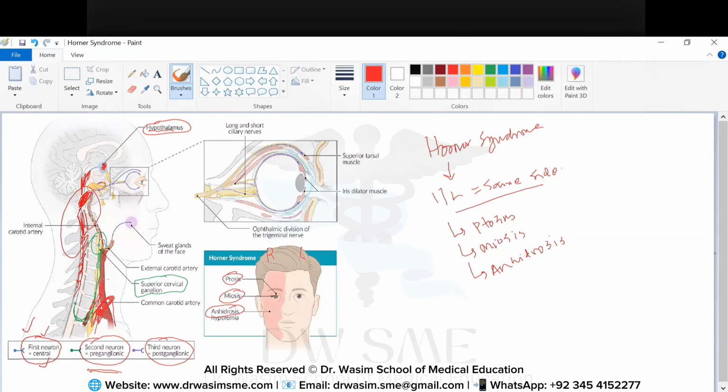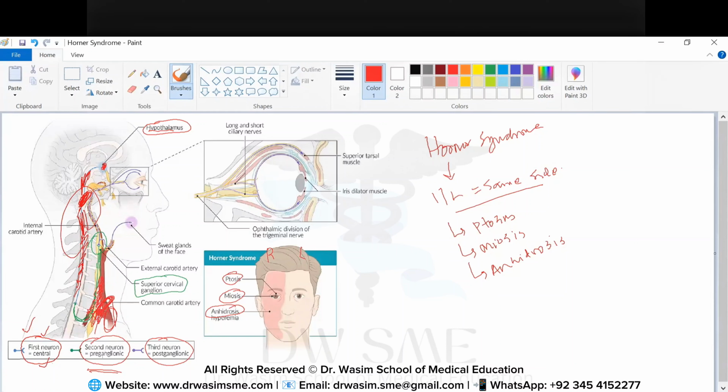If the lymph nodes have some pathology, it may compress these preganglionic fibers and cause Horner syndrome. The last thing is a lesion of the carotid artery. If there is a carotid artery lesion, it may compress these preganglionic fibers and cause preganglionic or second neuron Horner syndrome. Okay, so Pancoast tumor, trauma, lymphadenopathy, and carotid artery lesion. These are the things that may cause preganglionic Horner syndrome.